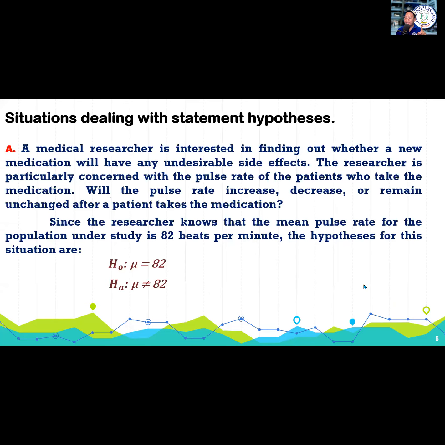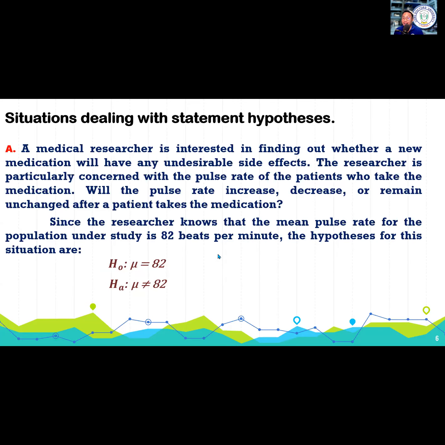And to combine increase or decrease in a symbol, it's not equal to. Right? Meaning, a difference. That's how we state the null hypothesis and the alternative hypothesis with the help of mathematical symbols. Mu equals 82 and mu not equal to 82.